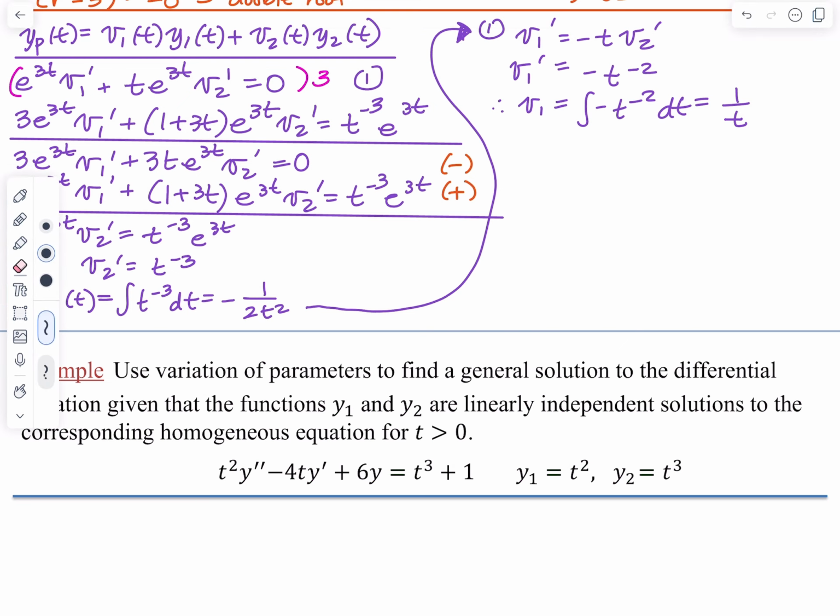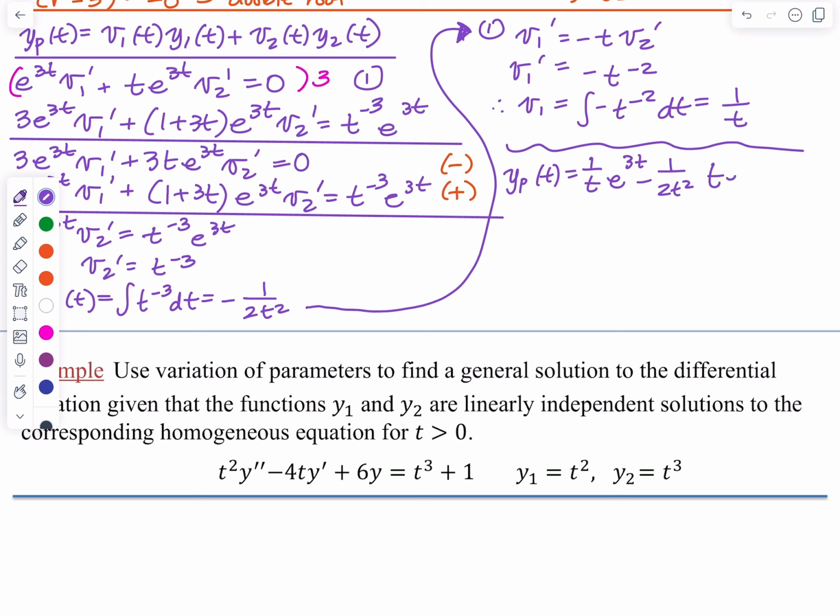So now we can come up with our particular solution, and that's equal to 1 over t e to the 3t minus 1 over 2t squared t e to the 3t, and that simplifies to e to the 3t divided by 2t.